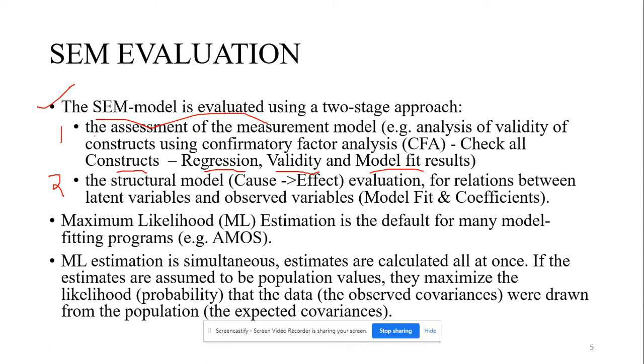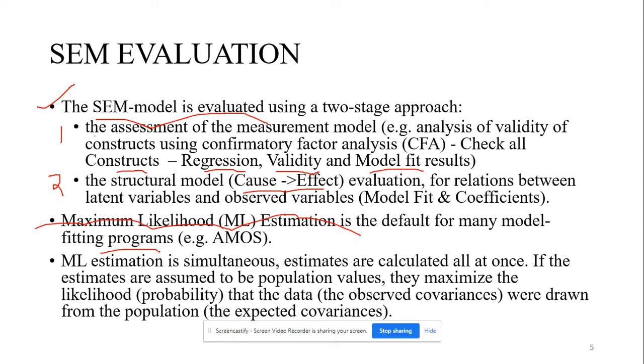In the structural model, we are normally looking at cause and effect: the relationship between latent variables and observed variables, and the cause and effect relationship between dependent and independent variables. In most programs, we use the maximum likelihood estimation method for model fitting. In AMOS, we use ML estimation, and all the estimates are calculated at once.